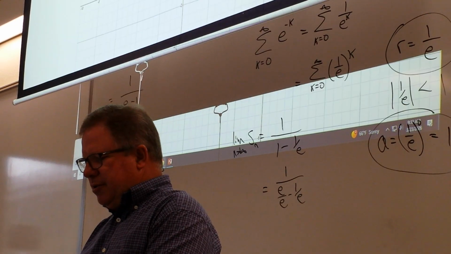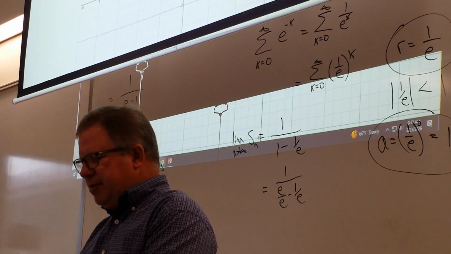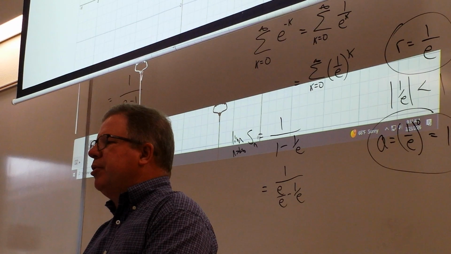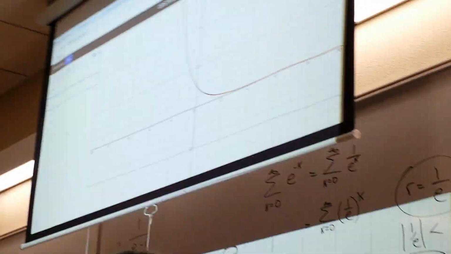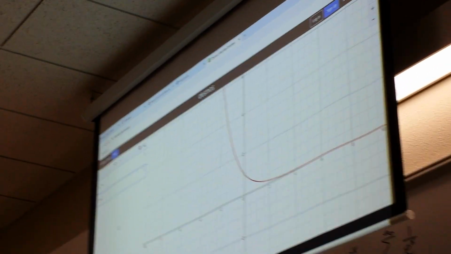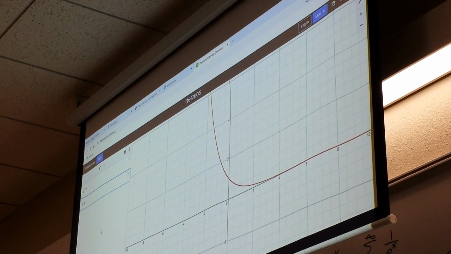So here's our series, e raised to the negative k, I'll put x here. And we just said that our sum, so I'm going to write y equals, is e over e minus 1.